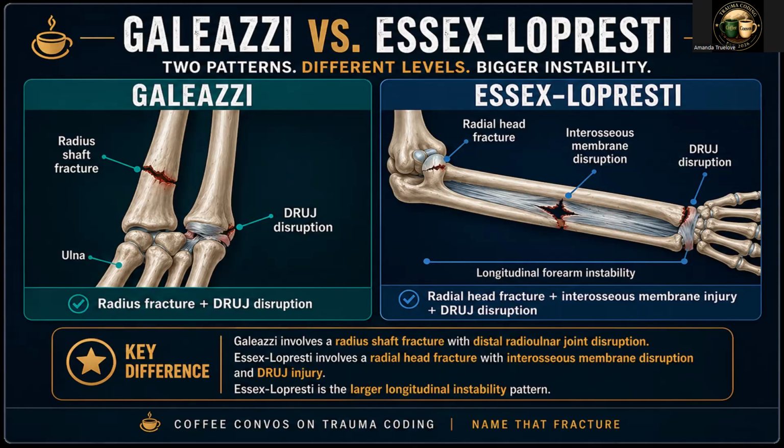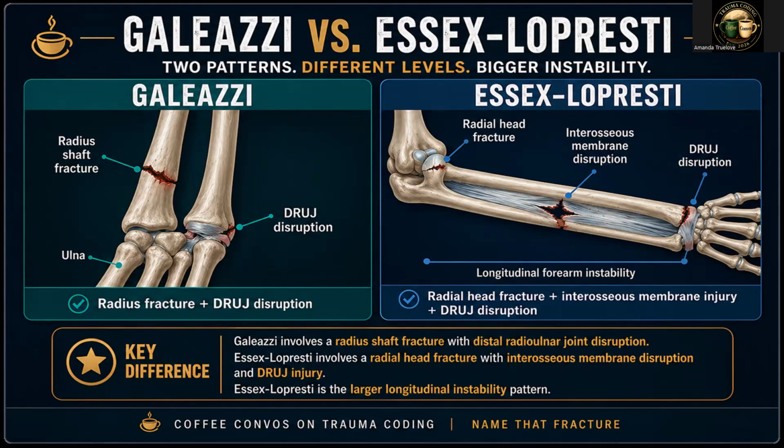The key difference that we're trying to point out here is that you have a radial shaft fracture with both, and you do have some radioulnar joint disruption, but in the Essex-Lopresti it's the radial head. So the position and the level at which the radius is fractured is different.